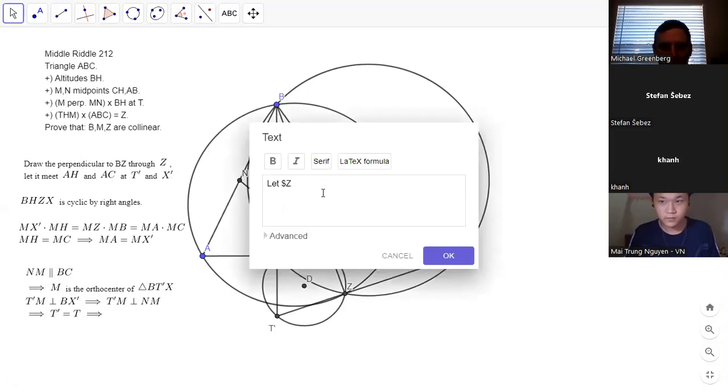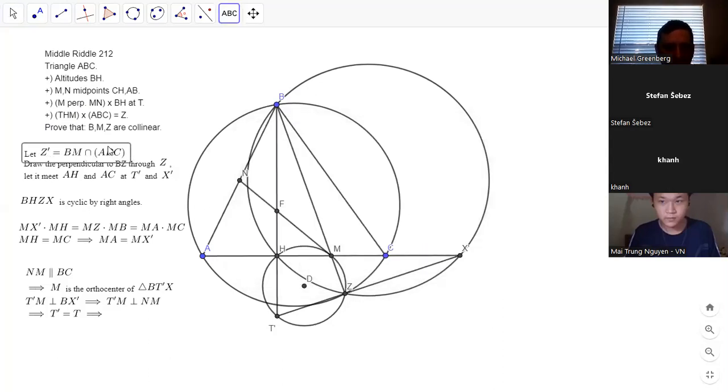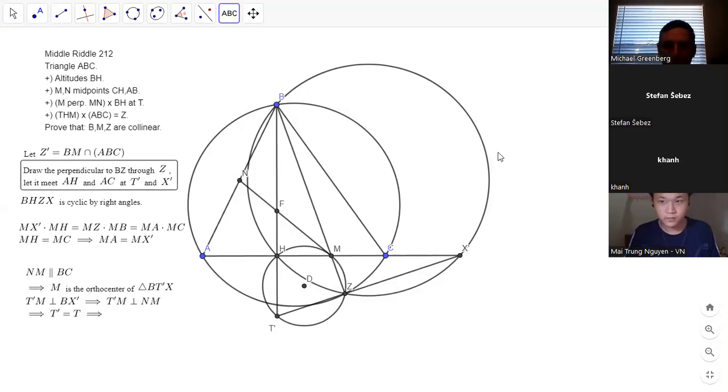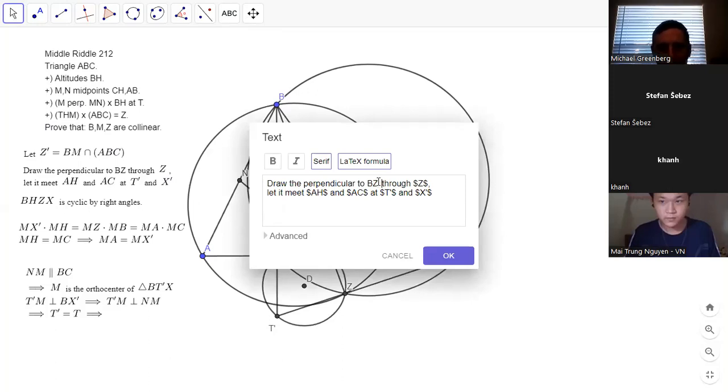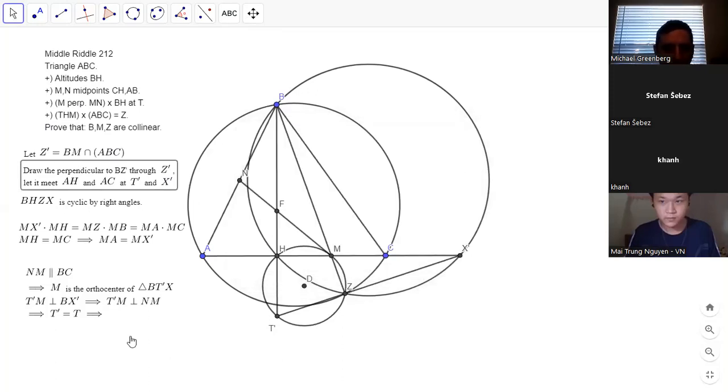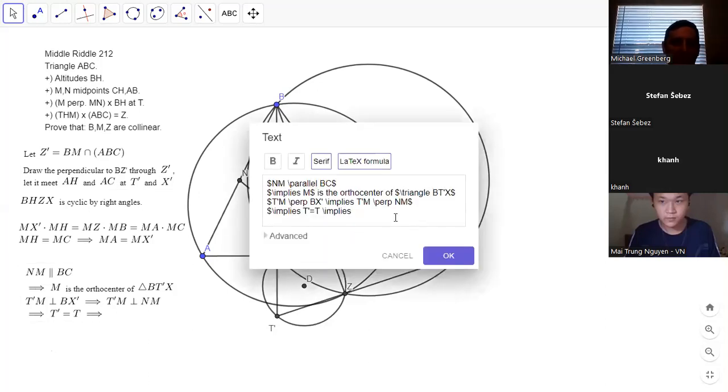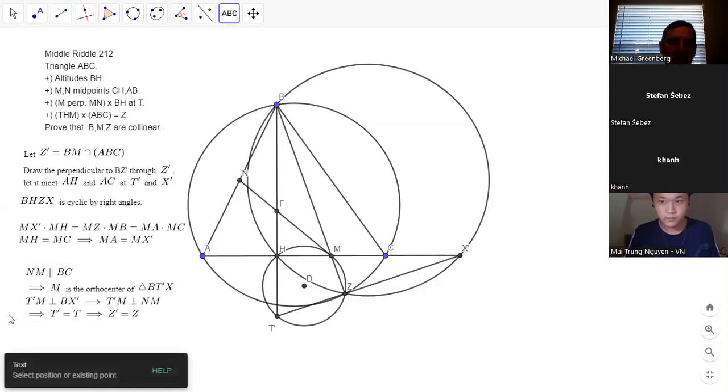Let Z prime equal BM intersect ABC. Implies Z prime equals Z. So BM and Z are collinear.